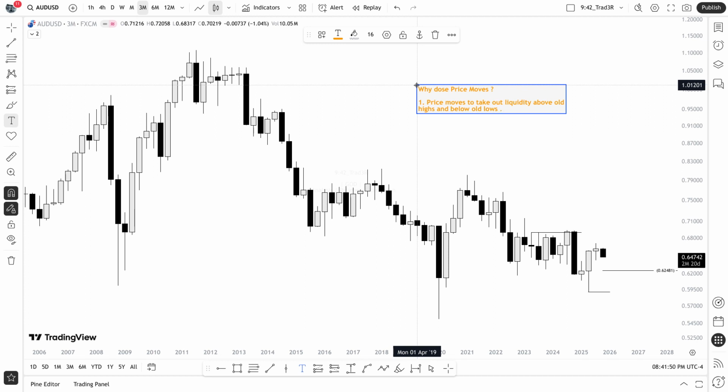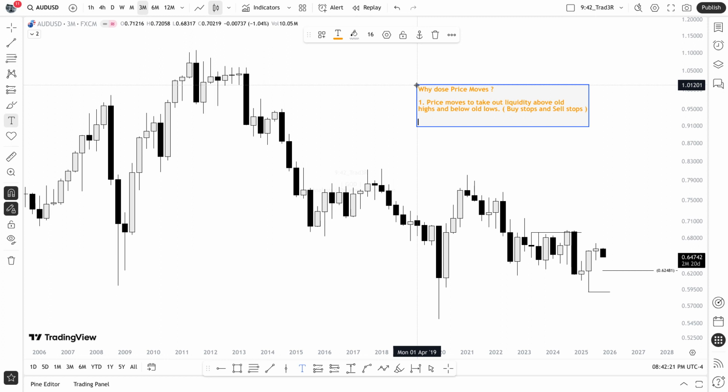In brackets, the old highs are buy stops, and the old lows are sell stops. So this is the first reason why price moves in the first place.